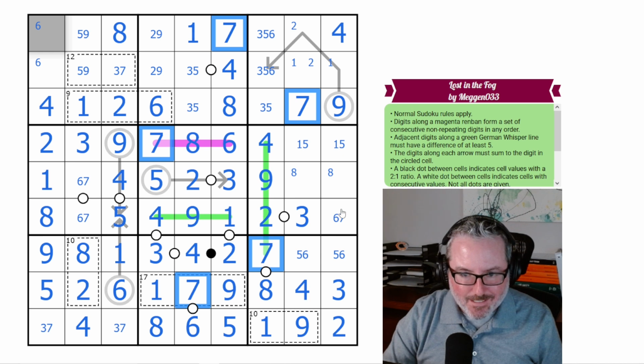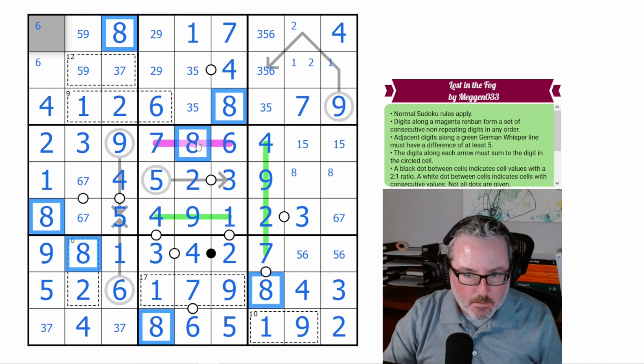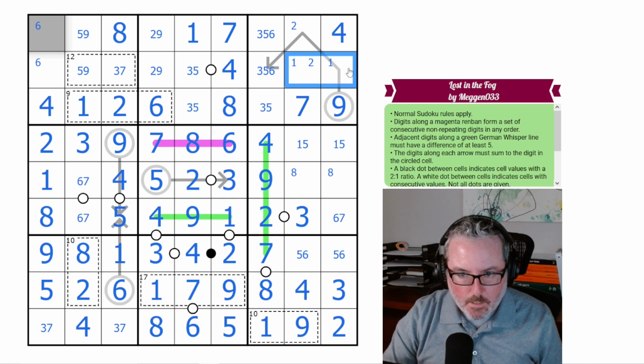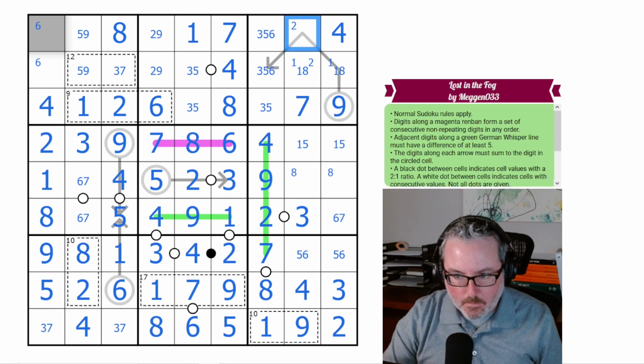One of those being a 7 isn't helpful. One of these being a 7 isn't helpful. 8. So this is a 1-8 pair, which is going to push our 2 up to here.